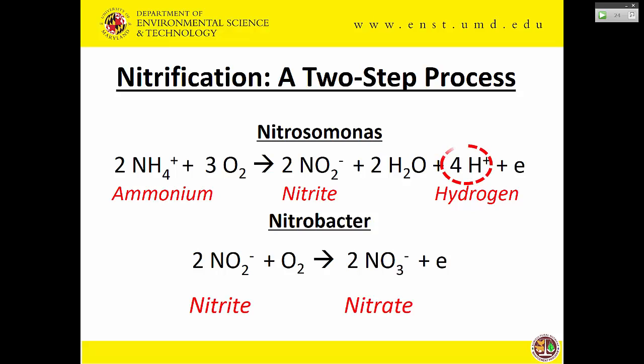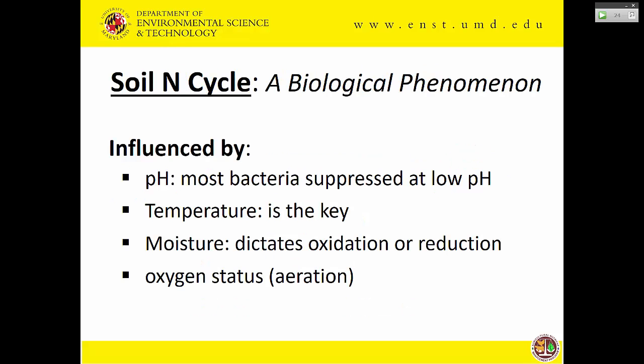During this process, a lot of hydrogen is generated. As we know, if there are more hydrogen ions in the soil, it's going to lower the soil pH. So nitrification is generally considered a process that decreases the pH of the soil, mostly where fertilizers are applied, or where you have more conversion going on, which is usually the first few centimeters.